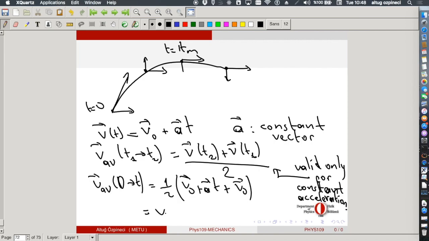So this is v0 plus 1 over 2 a times t, the average velocity between time 0 and time t. This is an example where you see the average velocity depends on which time interval you choose. If it's not from 0 to t, but 0 to 2t, you have a different average velocity. The average velocity changes depending on the time interval that you are studying.